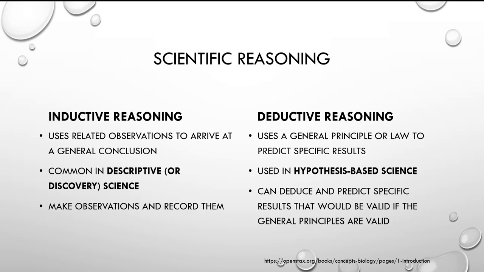So that's a form of deductive reasoning. With inductive, we're basing it on observations, arriving at a conclusion. With deductive, we're using some general idea or principle that we've already concluded to predict future results or specific results.